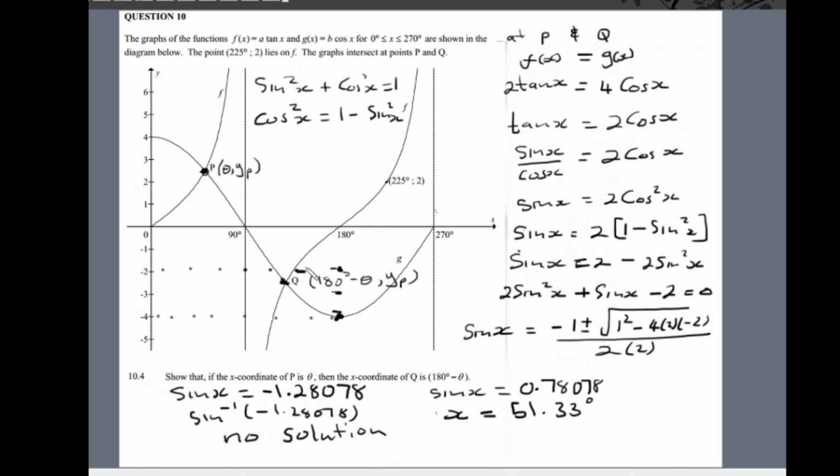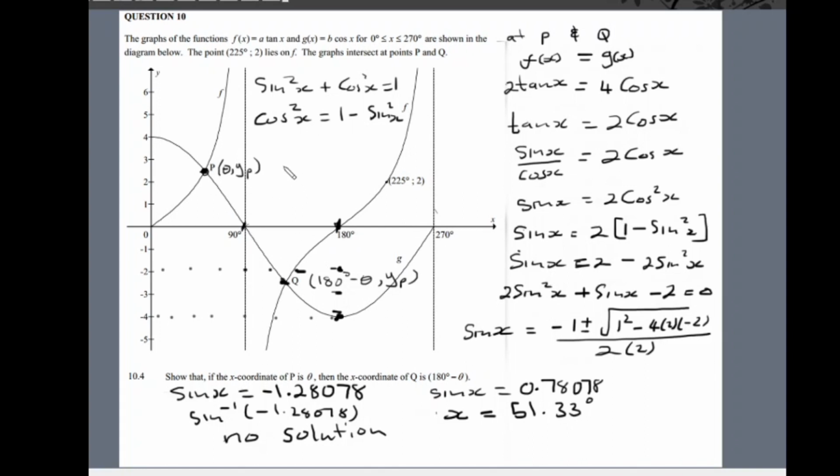Because there are 2 points of intersection, we have to have 2 values of x. The first one will be 51.33 degrees. Because it is less than 90 degrees, I take it's this one here, right? And then the second one will be less than 180 degrees and more than 90 degrees.